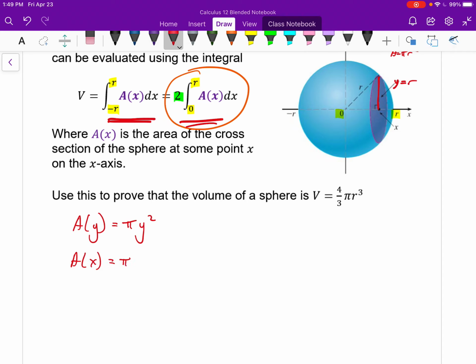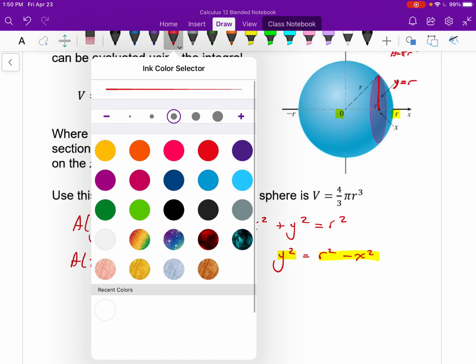Since x squared plus y squared always equals r squared, if I solve for y squared, I get r squared minus x squared, which means I can substitute that for y squared. Pi times r squared minus x squared represents the area of any one of these disks.